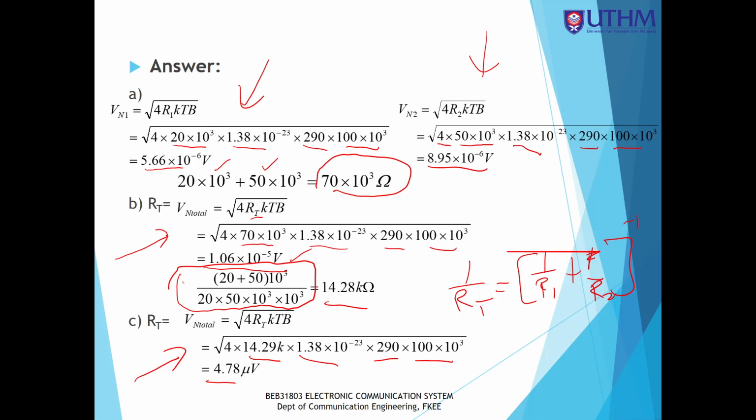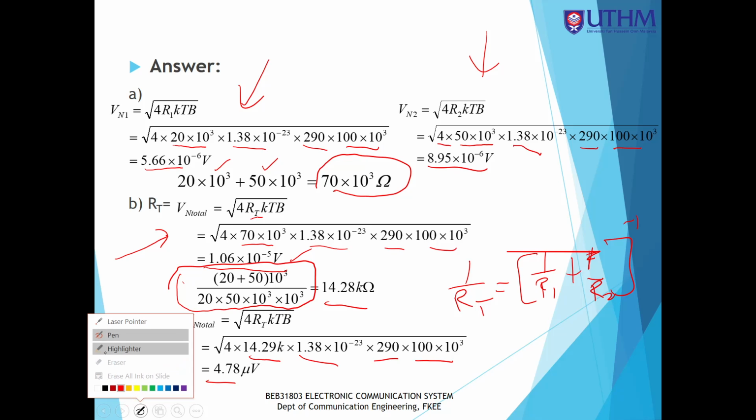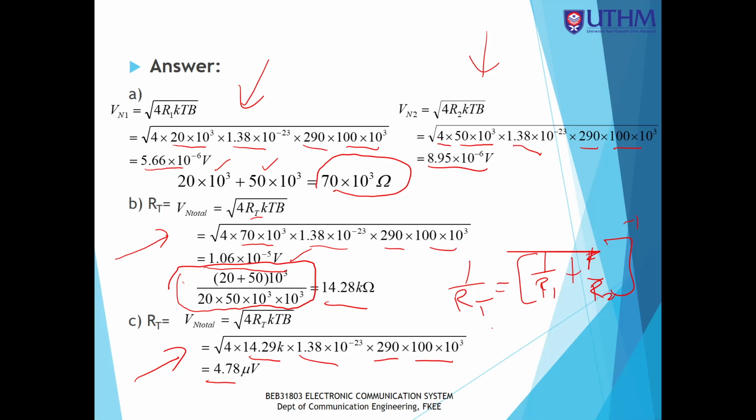Okay, so ini, saya lihat ini ada kesilapan sikit. So yang last week punya tu adalah seperti ini sebenarnya. 1 over R1 pluskan dengan 1 over R2 and then inverse.